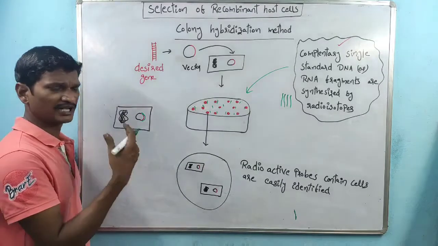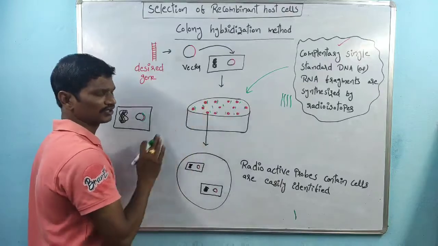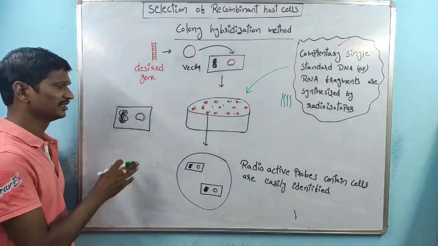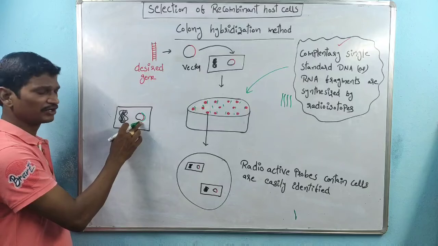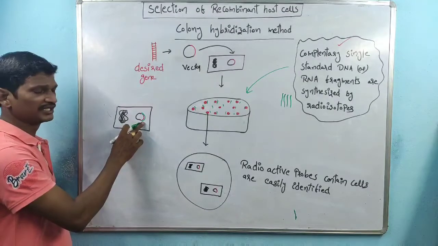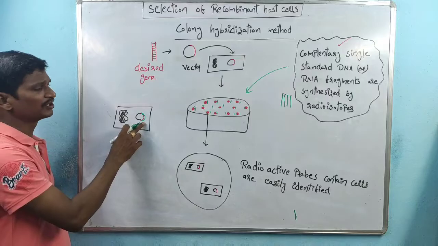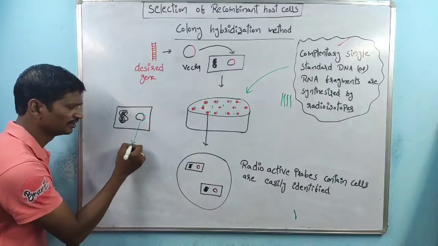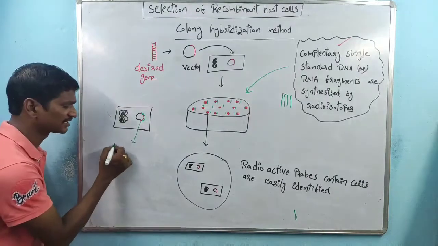After a certain time period, we wash out the colonies. The desired DNA molecules specially interact with the radio-labeled fragments. If we observe, this is the triple helical structure.